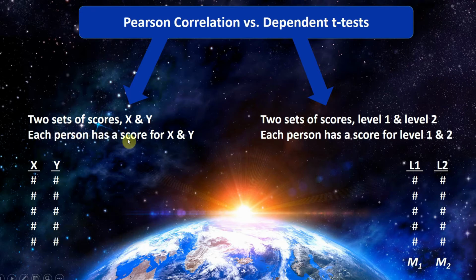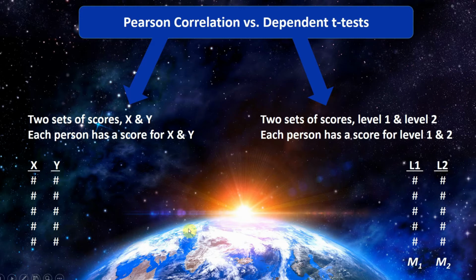Now, each person has a score for X and a score for Y. So whatever score this is for one person, Dr. X, and this is the second score for Dr. X. So each person contributes two scores, one for X, one for Y. Same thing here. These two scores would come from the same person, Dr. J, and then these two scores come from the same person, etc. All right, so this is the setup for the correlation.